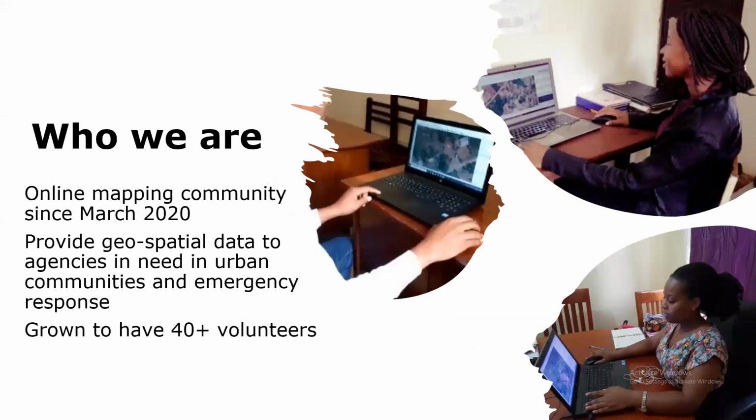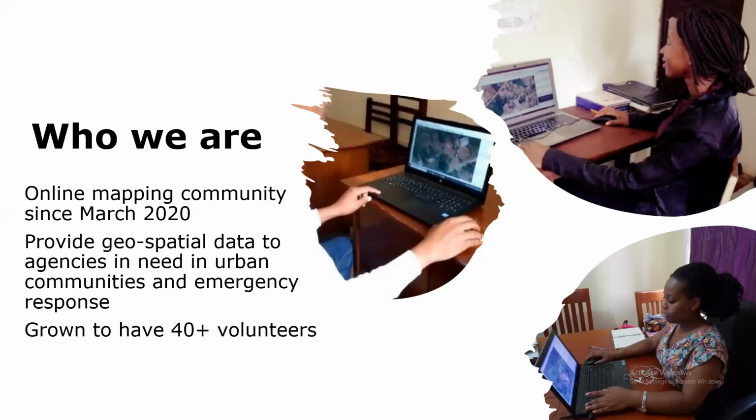So we are an online mapping community that was formed last year, 2020, in the first lockdown, and the role of the community at that time was to provide geospatial data that is needed by both government and non-government agencies that are working in urban communities and also working in emergency responses.